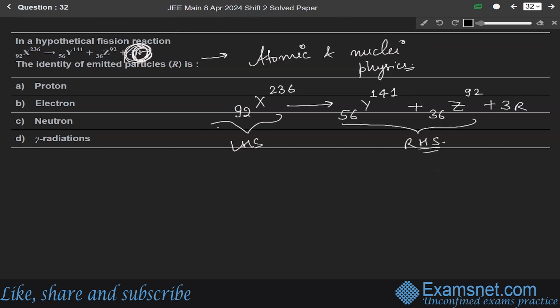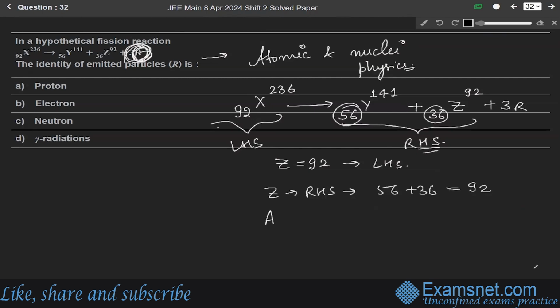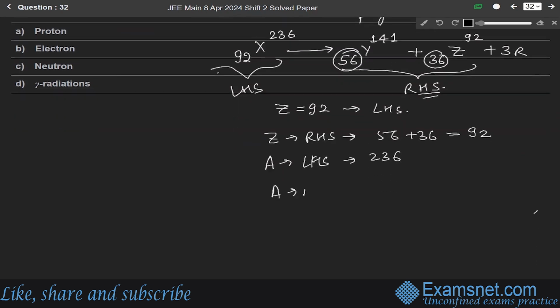This is the LHS part of this reaction and this is the RHS part of this fission reaction. In LHS, total Z is equal to 92. Z in RHS is equal to 56 plus 36, which is equal to 92. Mass number A in LHS is equal to 236, and mass number A in RHS is equal to 141 plus 92, which is 233.